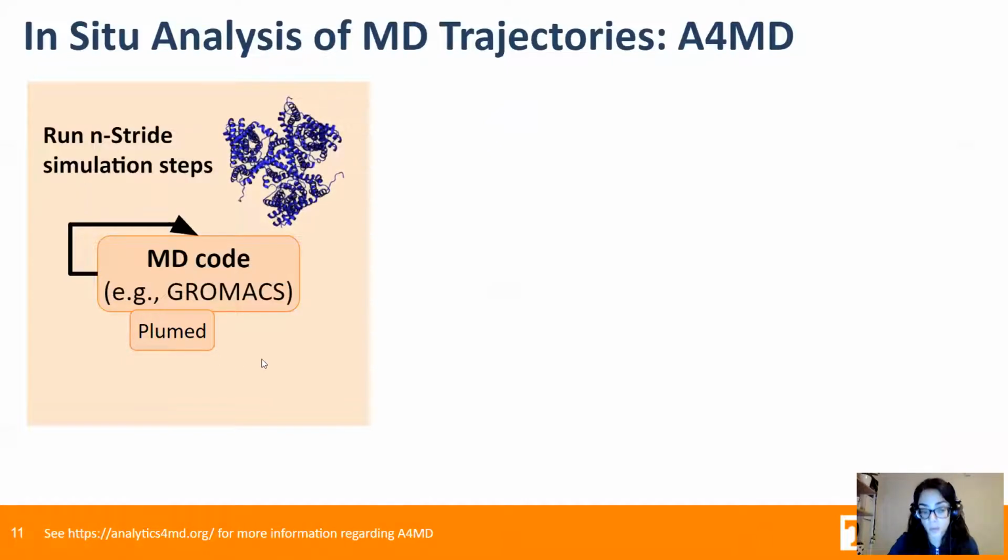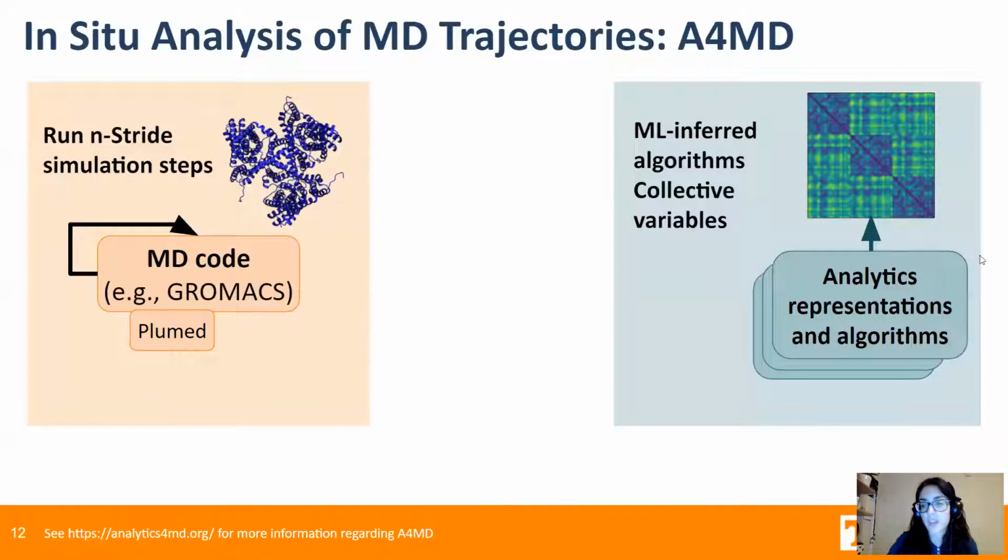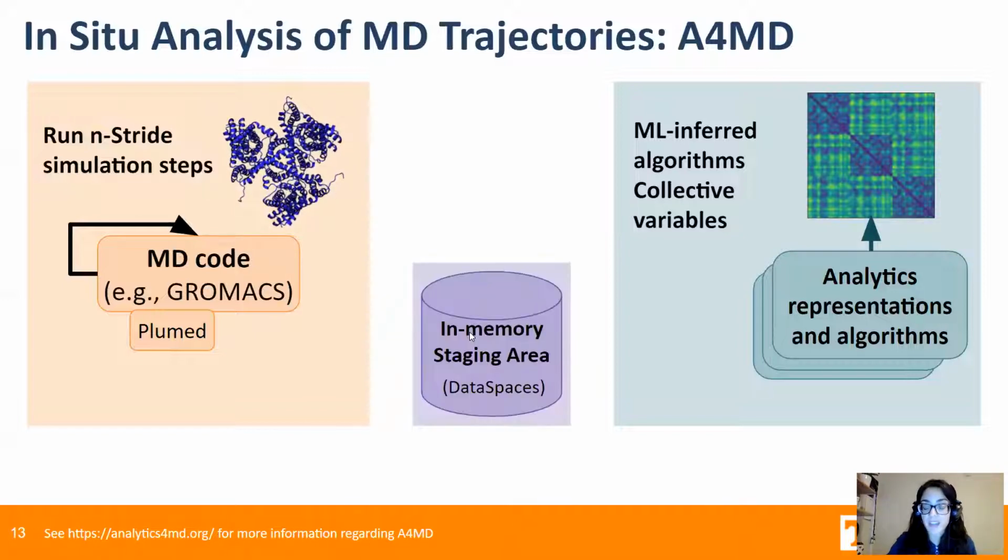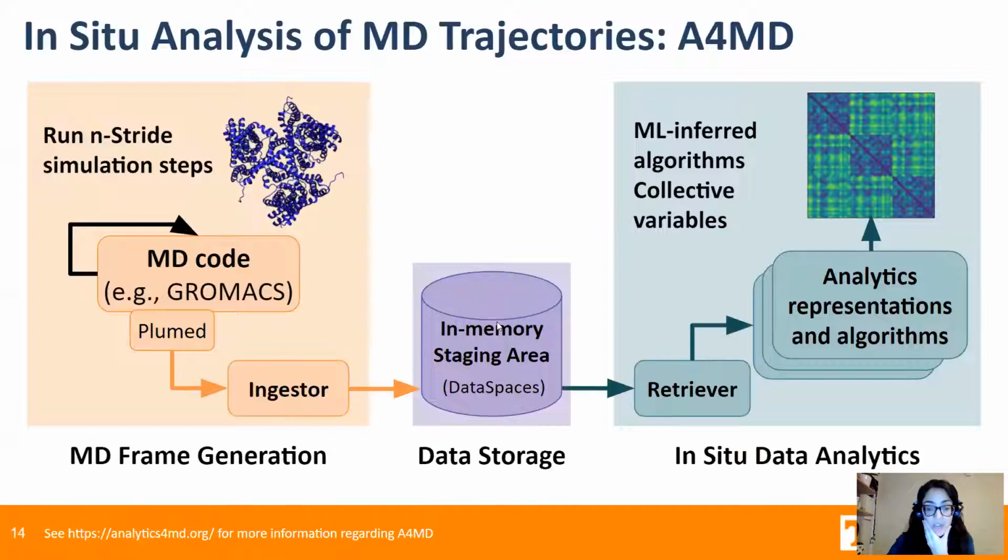We have one component that is essentially the molecular dynamic code, and we are agnostic to the molecular dynamic code that we have. As it is running, we run our analysis that is capturing the collective variables per frame. In the middle, we have an in-memory staging area that is able to send information from the simulation all the way to the analysis.